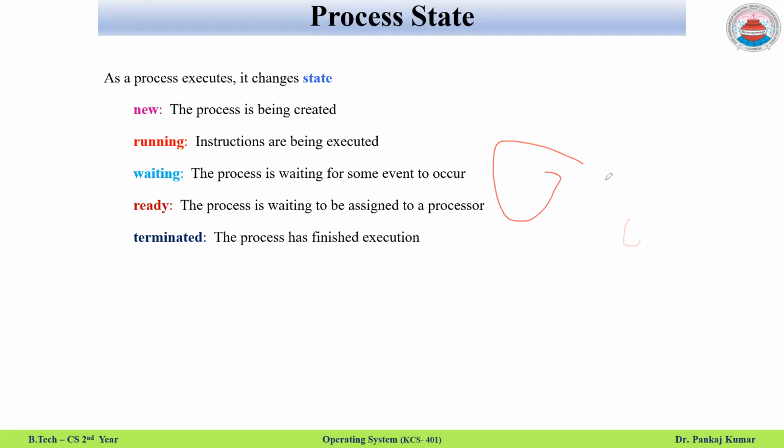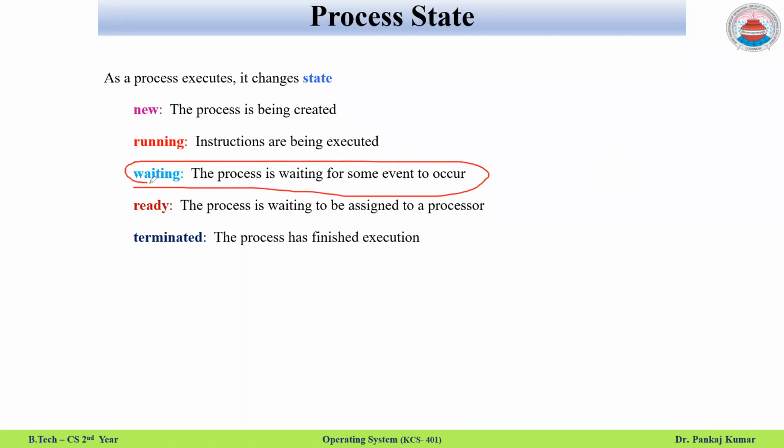Until c is executed, you are not able to calculate the value of d, so that particular process must wait. It does not mean that once the CPU is allocated, it continues its execution and ends. There are some constraints: it must wait for memory, for variables, for peripheral devices, input devices, and so on.